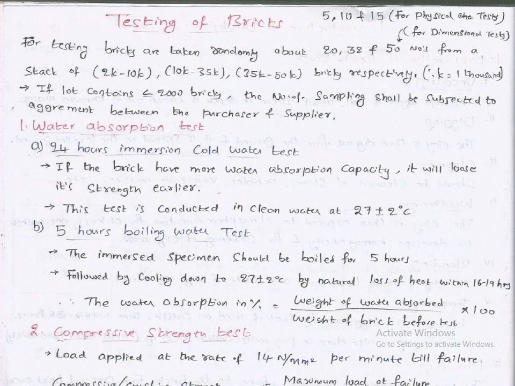The first test is water absorption, the 24 hours immersion in cold water test. A brick with more water absorption capacity loses its strength earlier. This test is conducted in clean water at 27 plus or minus 2 degrees. Then the 5 hours boiling water test: the immersed specimen is boiled for 5 hours, followed by cooling down to 27 plus or minus 2 degrees by natural loss of heat within 16 to 90 hours.